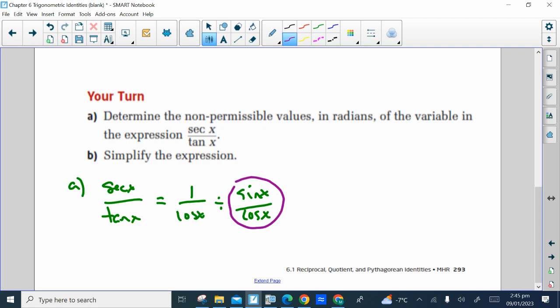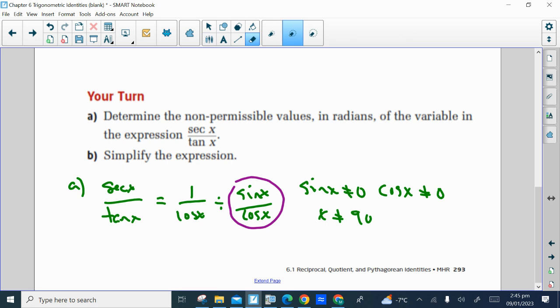Because tangent is the denominator, tangent can be written as sine over cos, so both sine and cos are in a denominator position. So neither sine x nor cos x can equal 0. So as we've seen, our restrictions are every 90 degrees, or in this case, every pi on 2 radians.